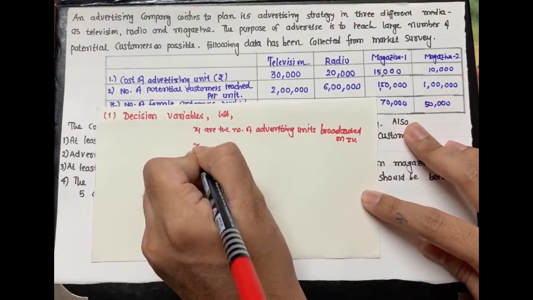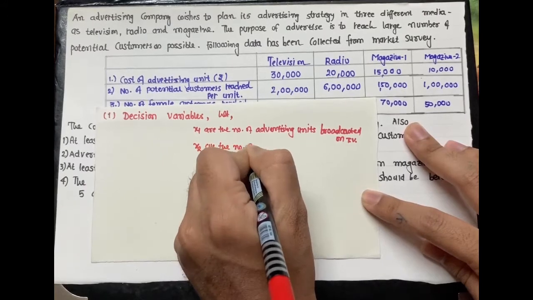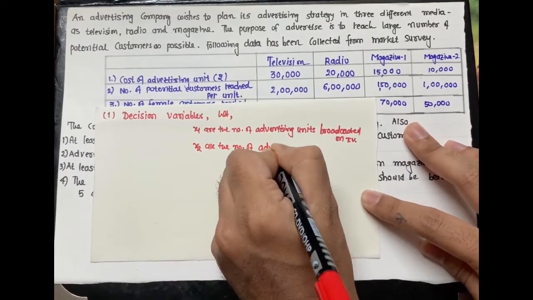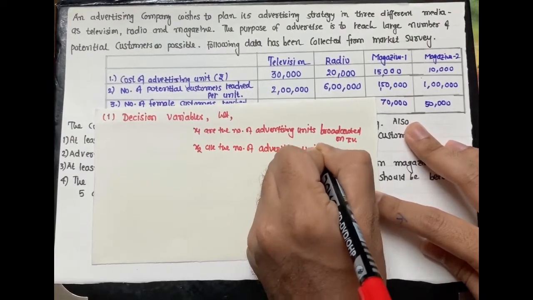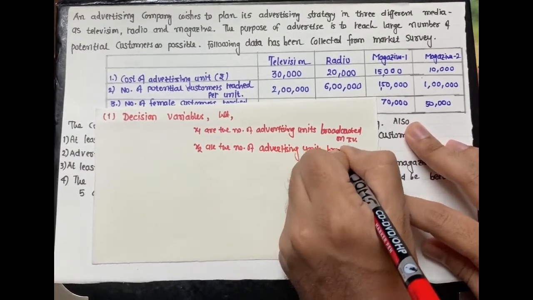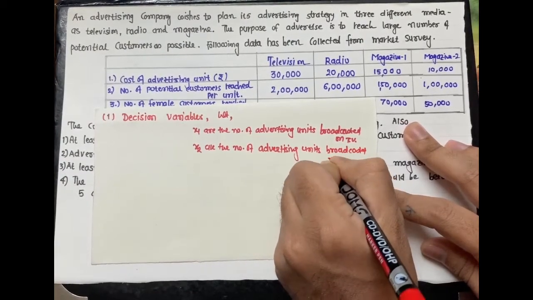Likewise, x2 are the number of advertising units broadcasted on radio.